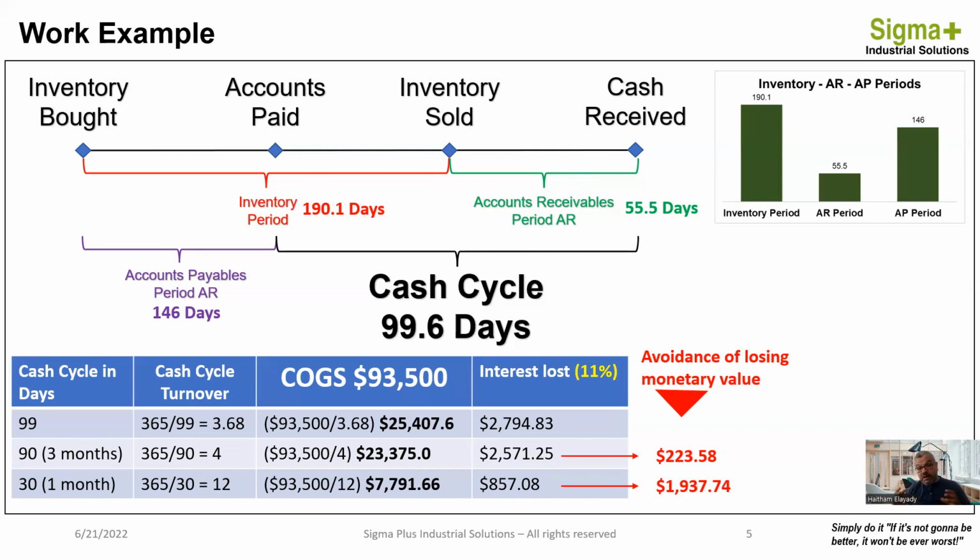Now that was a dummy example for a small workshop, but imagine now for large-scale companies, that instead of performing revenues of $200,000, they are doing $200 million or $1 billion. Imagine what could be the hard savings that could be generated by improving the cash flow and reducing the monetary loss value by improving the cash cycle turnover.